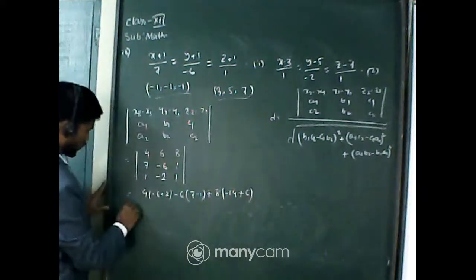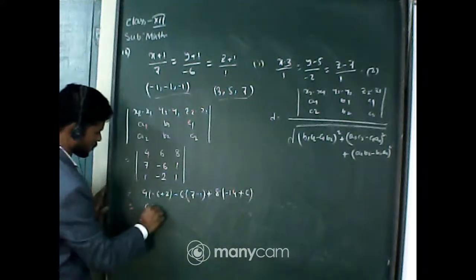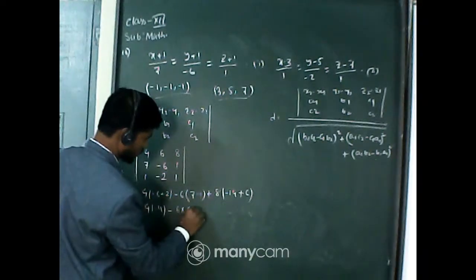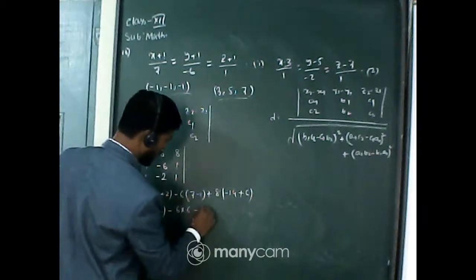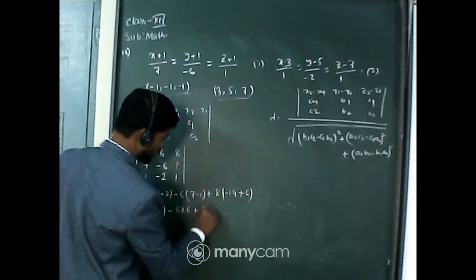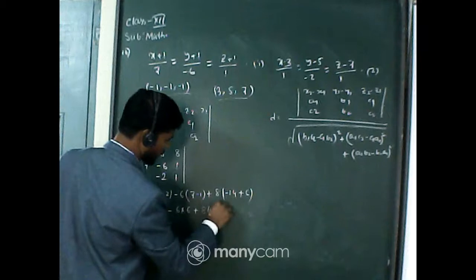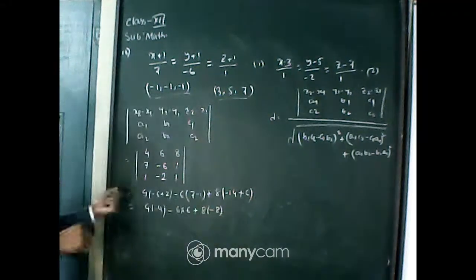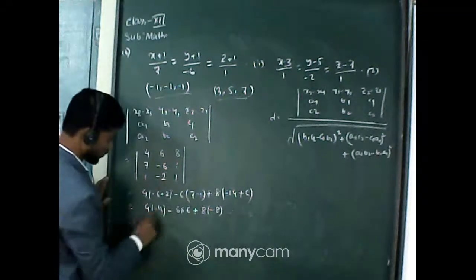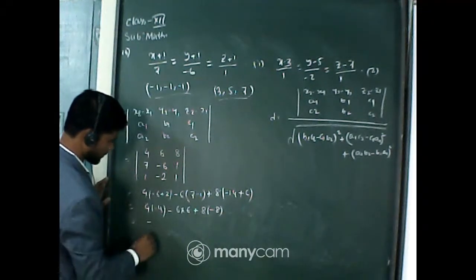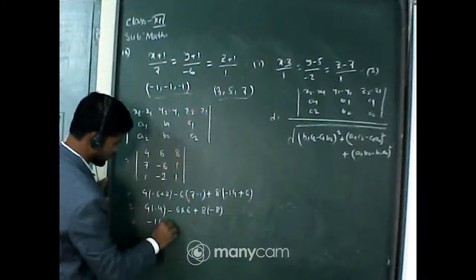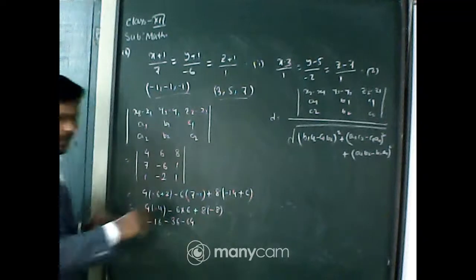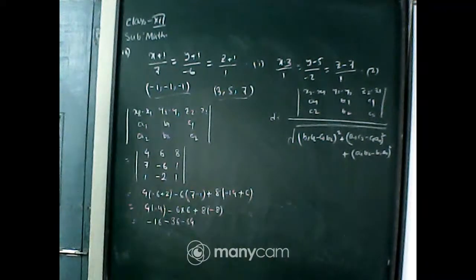That is 4 into -4, minus 6 into 6, plus 8 into -8. So this is -16, minus 36, minus 64. Now add them and tell me the value.